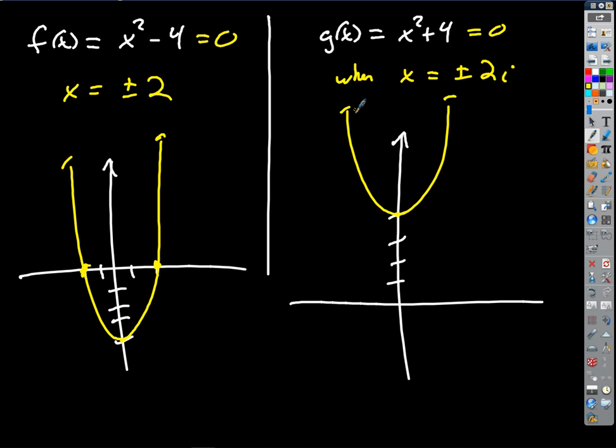So once again, real zeros of a function correspond to the x-intercepts of that function. Imaginary zeros don't. They're still roots, they still count as zeros, they're just not x-intercepts, right? They're still values of x that make this function equal to 0, but if they're imaginary, they don't show up on the xy plane, so how could they be x-intercepts, right?